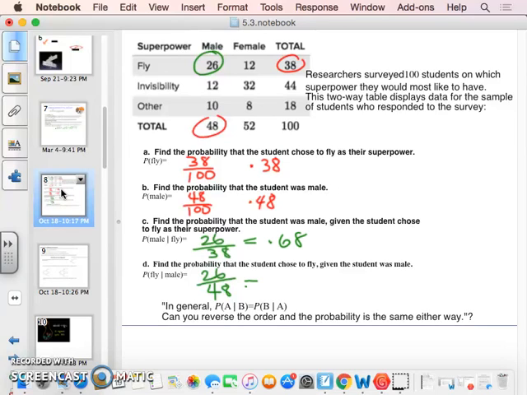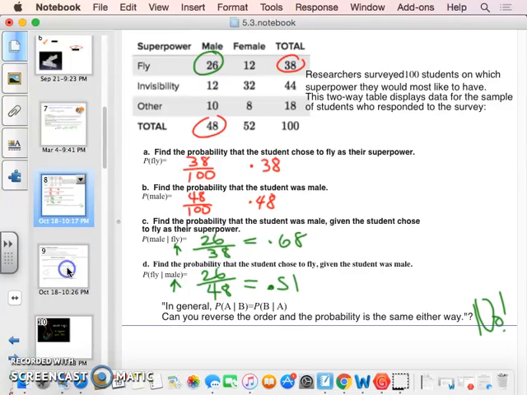And this equals 0.51. And so the question is, can you reverse the order? No, it is important that you put the given information last, because if you change the given information, you do get different percentages. So you cannot reverse the order and get the same probability either way. So this is no, order is important.